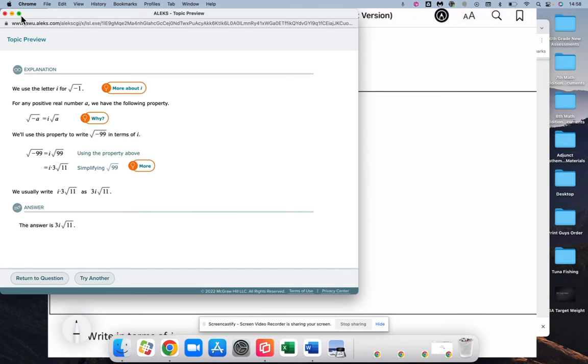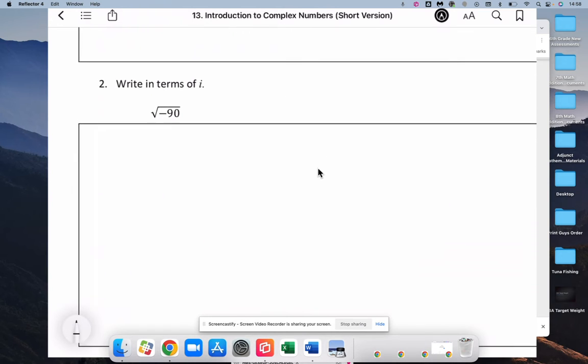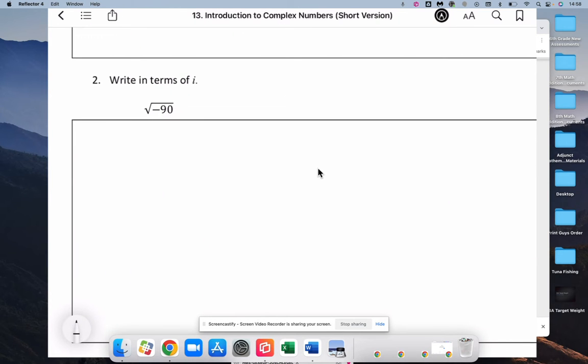So that being said, we'll go ahead and move on to number 2. Square root of negative 90, just like we've done in the past.